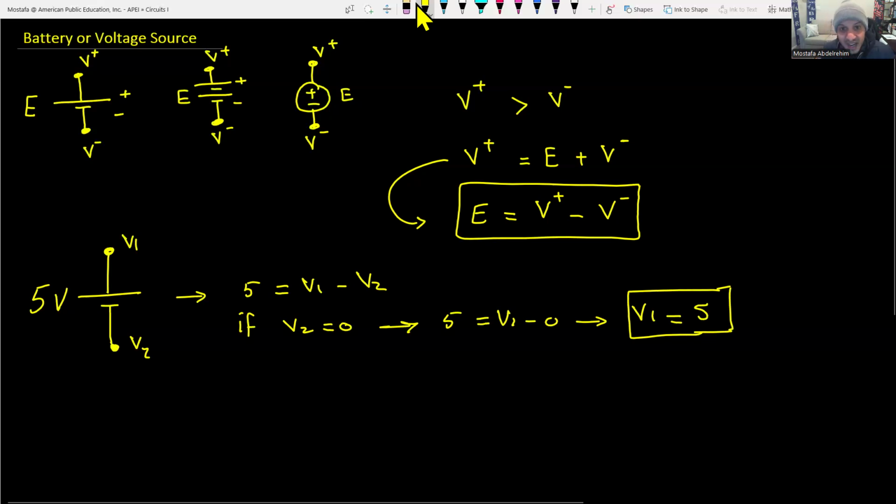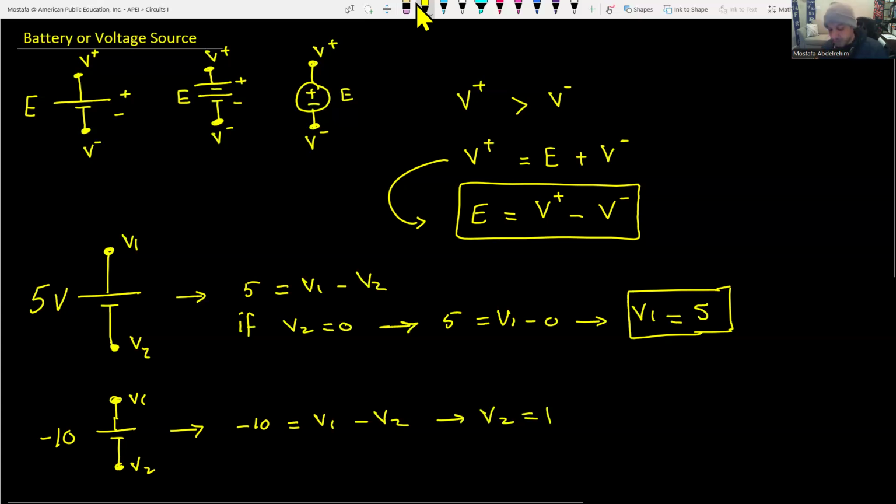Can we see a negative battery? Yes, it's fine. Another battery here equal to minus 10, for example. This is V1, this is V2. So minus 10, although it's negative, you must use the same definition. Minus 10 equals V1 minus V2. Let's assume that V2 is equal to 1 volt.